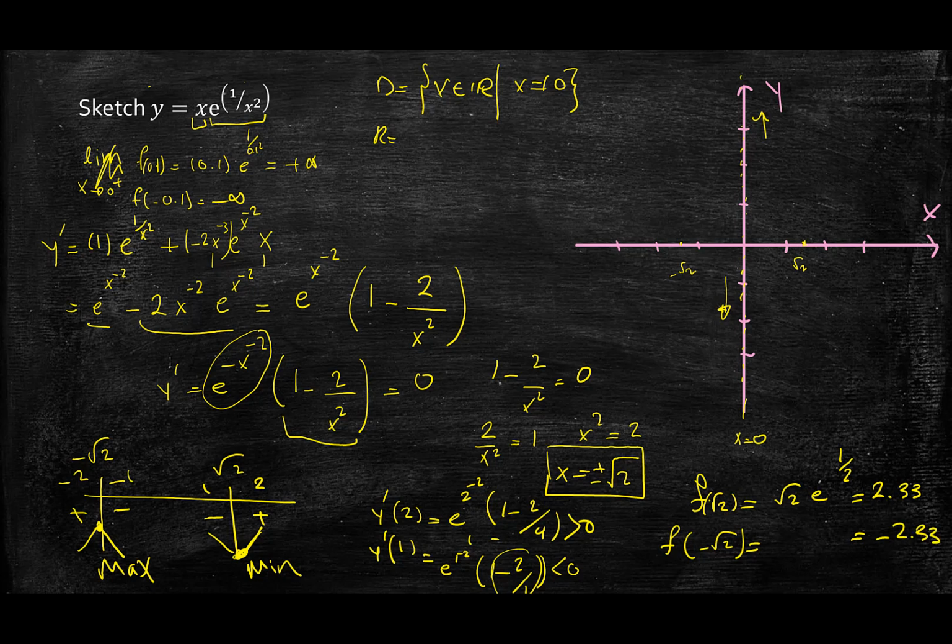Therefore, I know at root 2 over here, I will have a minimum. And same over here at negative root 2 and negative 2.33, I will have a maximum here.